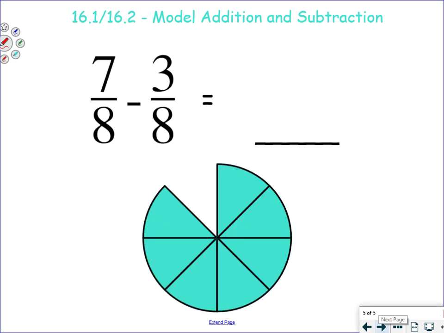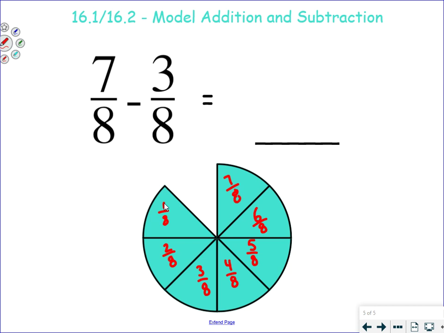All right. So now we have 7/8. So we have 1/8, 2/8, 3/8, 4/8, 5/8, 6/8, 7/8.